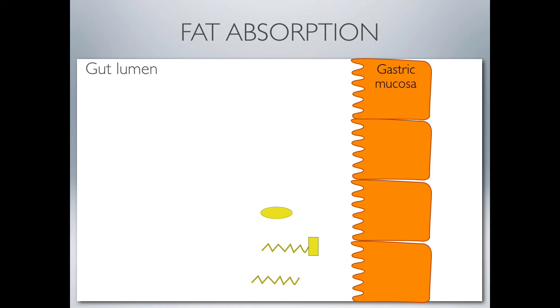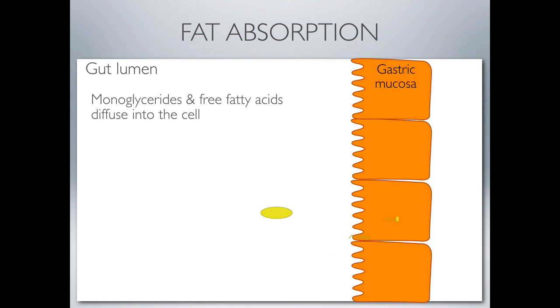So the way that they do this is, again, because we have this phospholipid bilayer that is very sort of permissive for fats to go across the cell membrane, the monoglycerides and the free fatty acids just diffuse into the cells. Okay? They don't need any special carrier proteins in order to make their way into the interior of the cell. The same is not true for cholesterol. That does require a transporter.